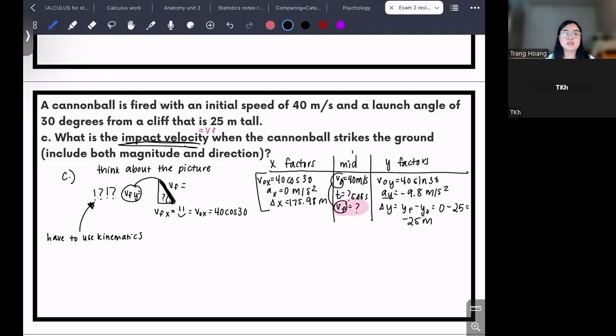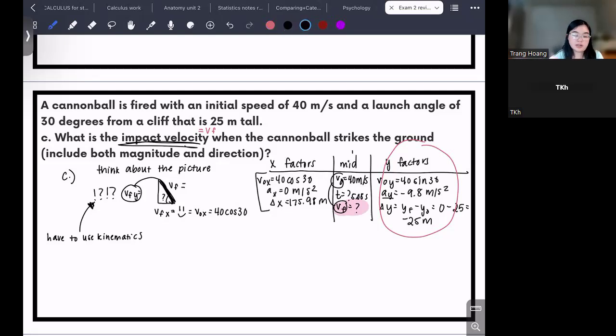What's giving us trouble is going to be the V final y, the y component of the final velocity, a mouthful. In order to solve this, we have to use kinematics, right? And when we're using kinematics to find it, we can really only use things in this column, because it's a y component.